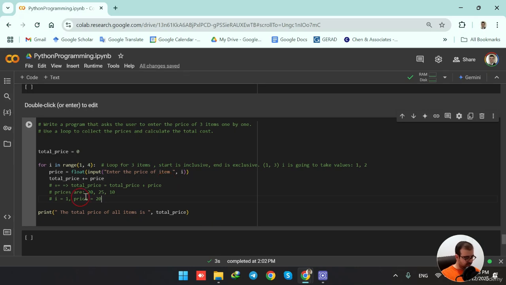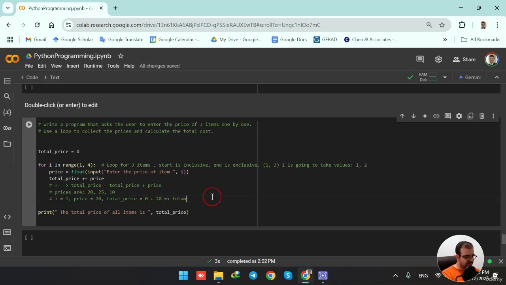We assume that the user is going to enter 20. So total price equals 0 plus 20. Why? Total price, this is the formula, equals total price plus price. So the total price before the first iteration, we know, equals 0. And then 20 is the number that we assume that the user is going to enter for the first product.